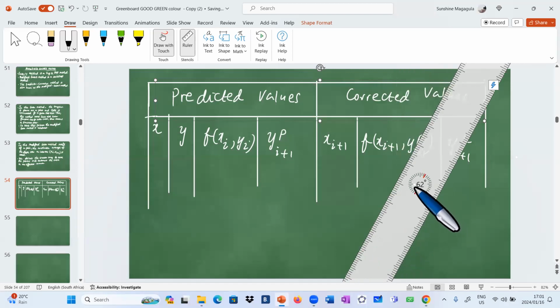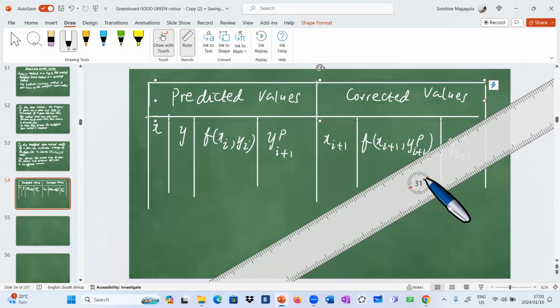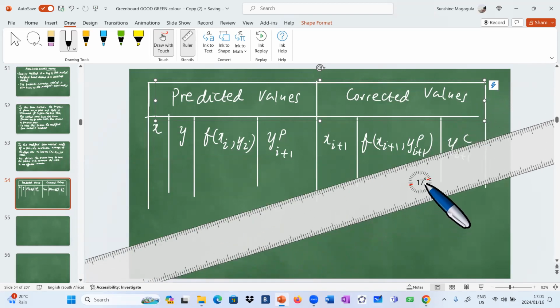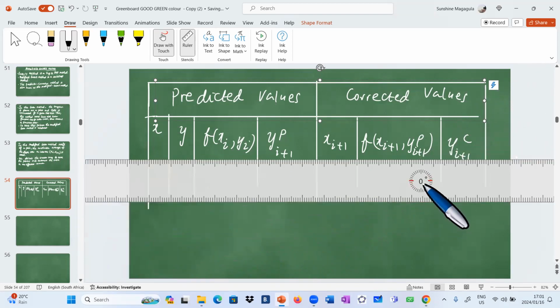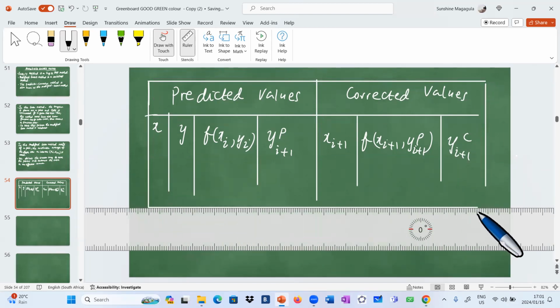We're going to draw the table like that, but we're going to do a couple of problems now. We did the table for the Euler, but now we're going to be doing it for the modified Euler.